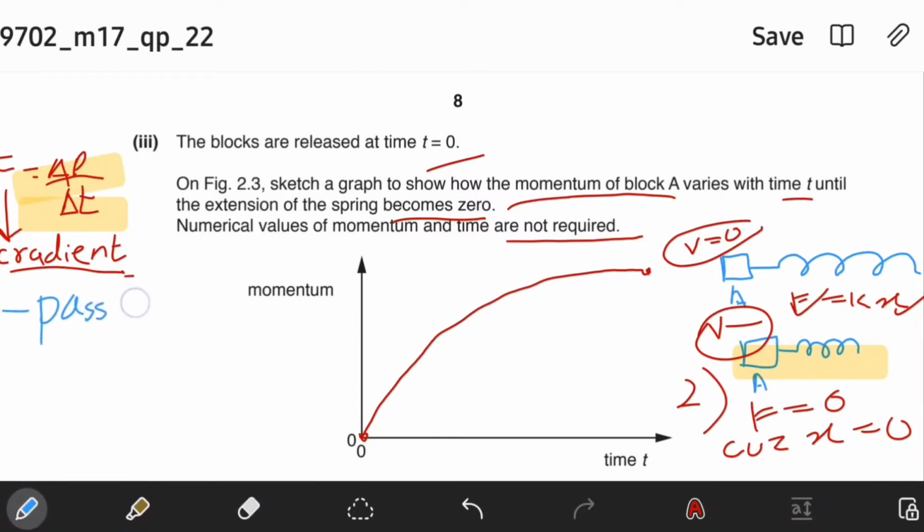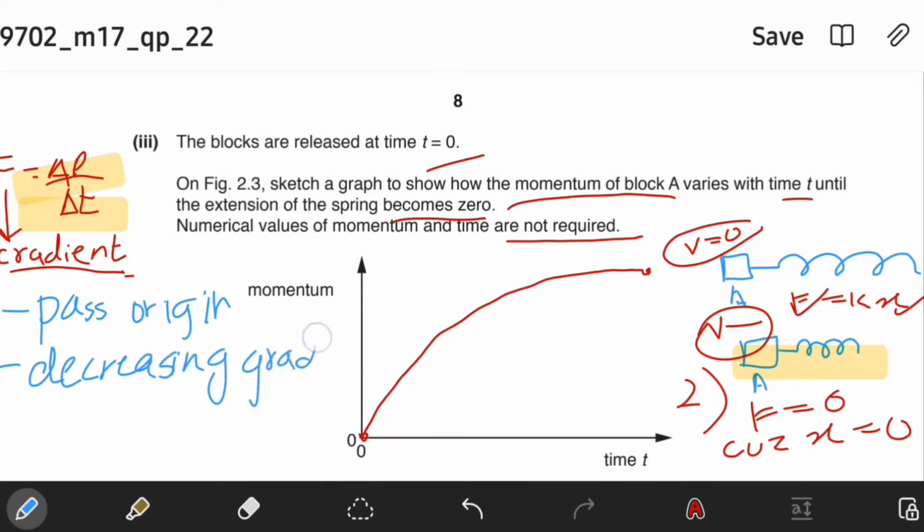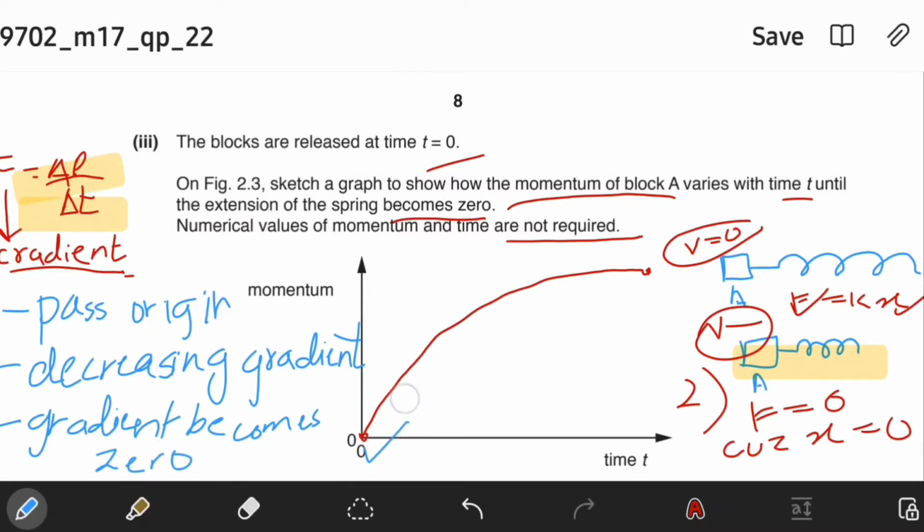It should have decreasing gradient. And third thing is, in the end, gradient should become 0. This is the origin part, this is the decreasing gradient part, and this is the gradient becoming 0 part.